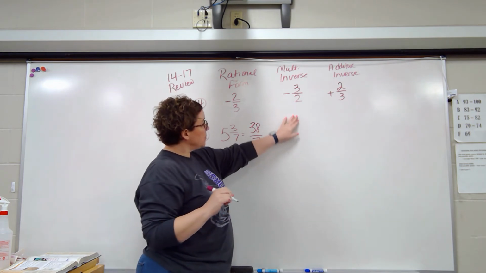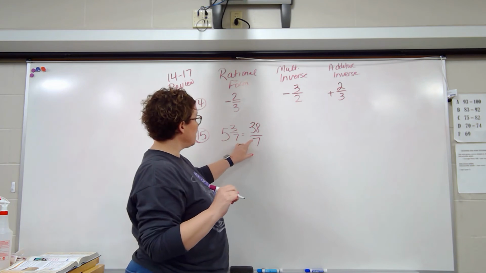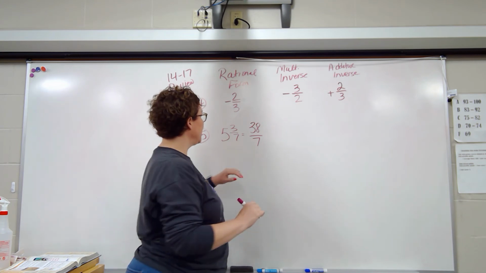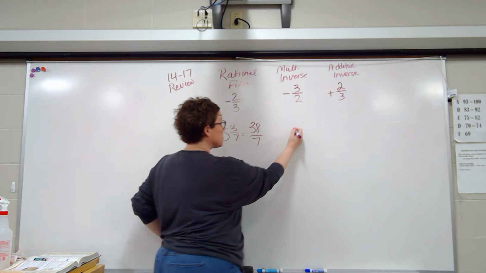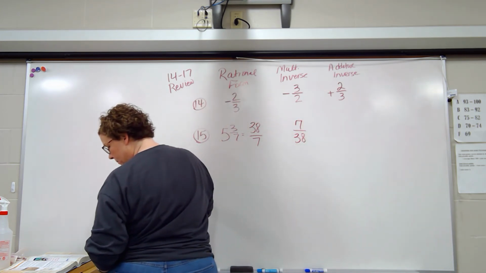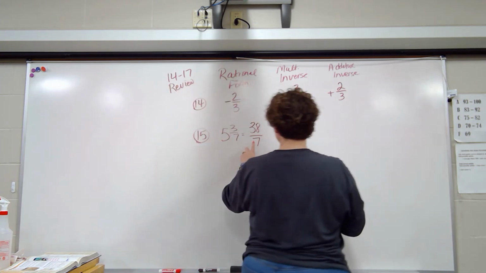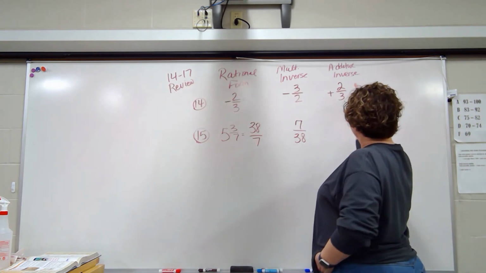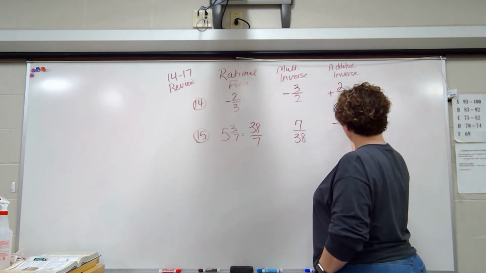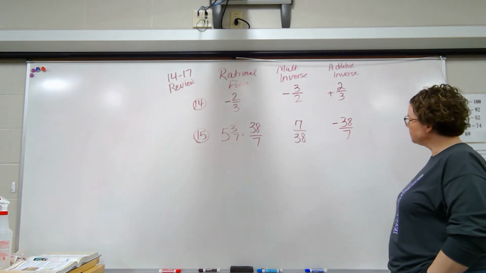The multiplicative inverse is the reciprocal, and this is positive, so this is also going to be positive. 7 over 38 is the multiplicative inverse. The additive inverse, if I'm adding 38 over 7, the additive inverse is subtracting 38 over 7. Okay, so there's the answer to number 15.